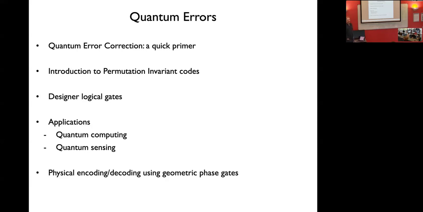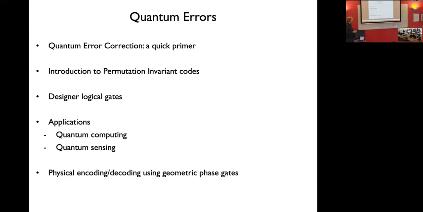And then I'll talk about how you can use these for designer gates. That is, you can design the code so that it can be transversal for the type of gates you want. And then I'll mainly be focusing on applications for gates for quantum computing, in particular non-Clifford gates.